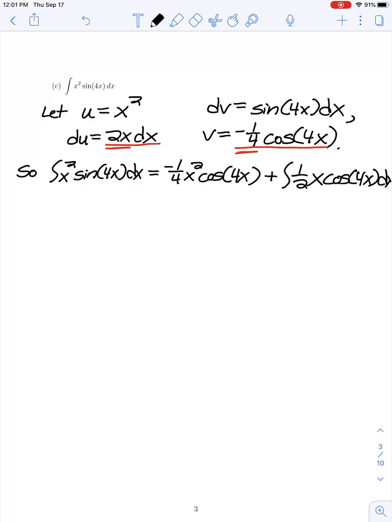So this new integral that I'm left with is the following. And I see here that my integral involves a product of two functions, 1/2 x and cosine of 4x. And this product can't be simplified in any way. So to evaluate this new integral that I'm left with, I'm going to have to apply integration by parts again.